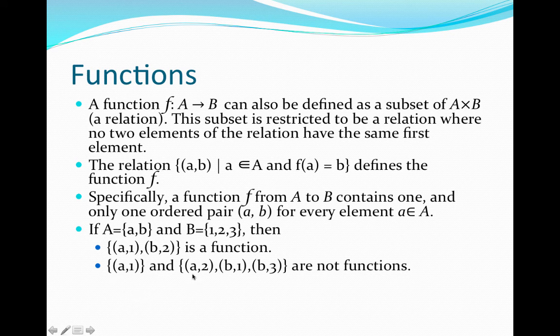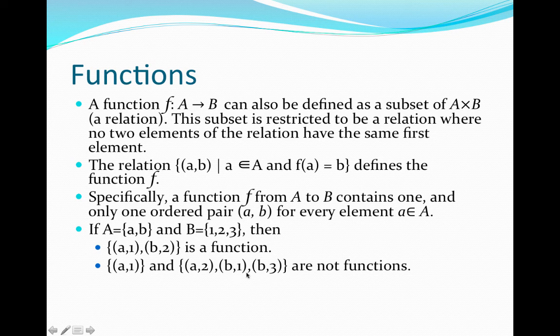On the other hand, this set here is also not a function. It does include an ordered pair which contains the element b, so it does contain ordered pairs for each element in A, but unfortunately it has two ordered pairs with the element b in it.